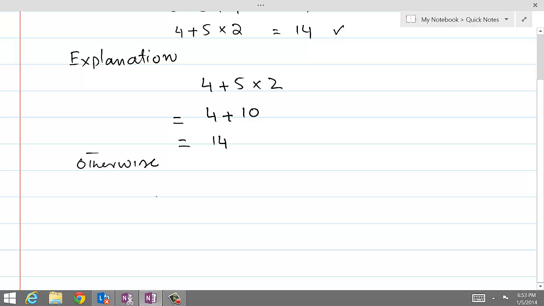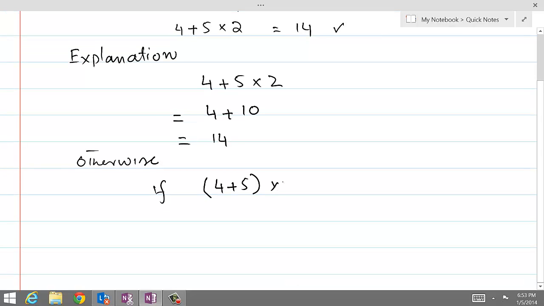If we write 4 plus 5 and then put the brackets around it, times 5, this time addition is going to be calculated first, because a bracket always takes precedence over any other operation. So whatever happens inside the bracket is calculated first.